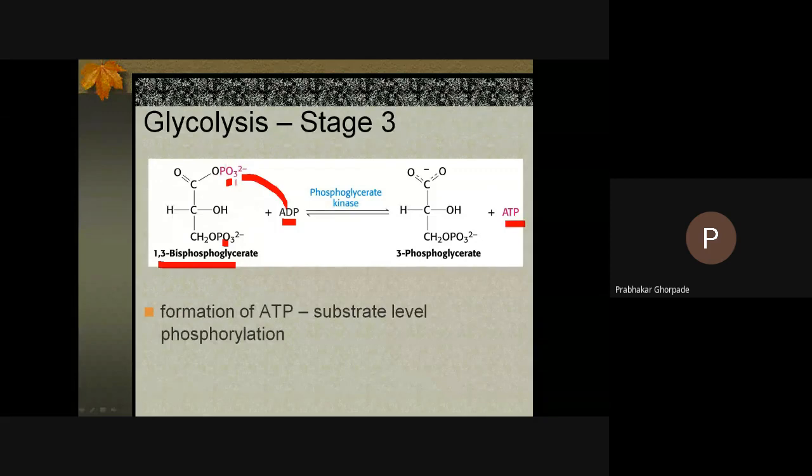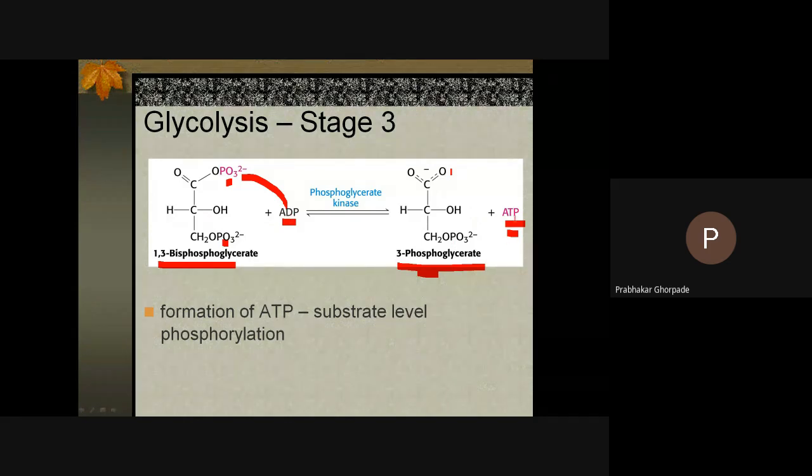So it is taking the phosphate group from the 1,3-bisphosphoglycerate. Now it has taken this phosphate group, and it has been converted into the ATP molecule. And what happens to this 1,3-bisphosphoglycerate? It gets converted into 3-phosphoglycerate. This phosphate group it has lost to the ADP molecule, and we got the ATP molecule.